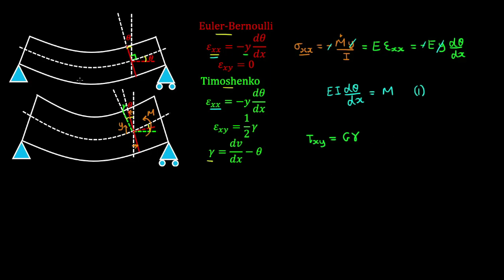And if we first assume that the shear stress is uniform on the cross section, then we can write this as the shear force on the cross-sectional area, and then substituting for the shear strain, we have the following expression.